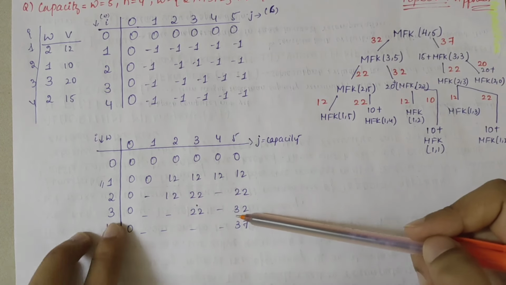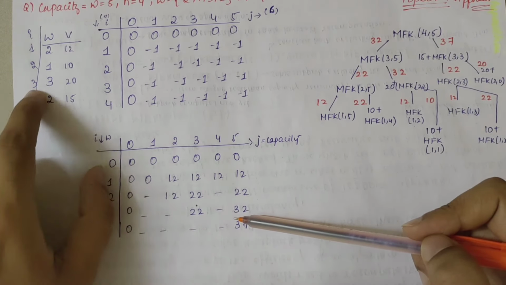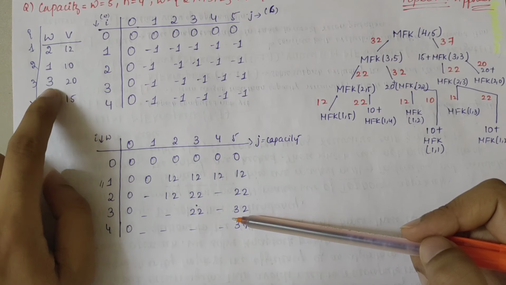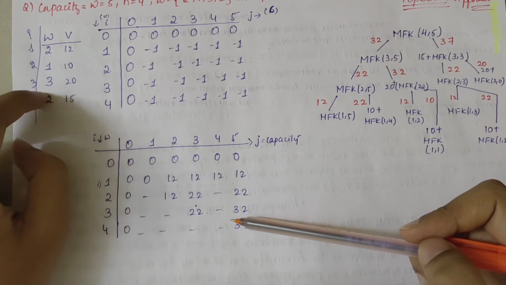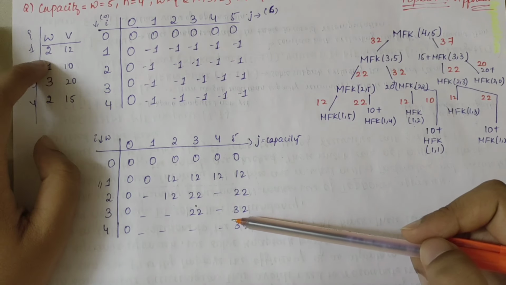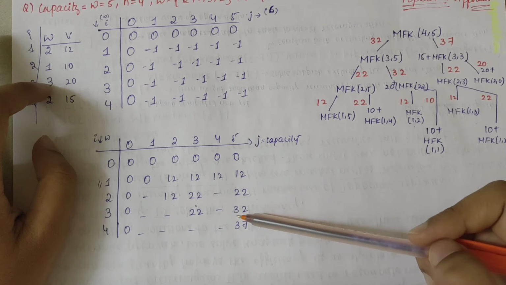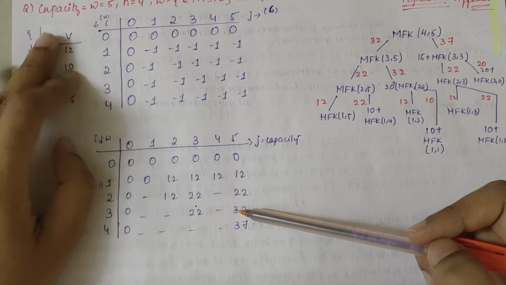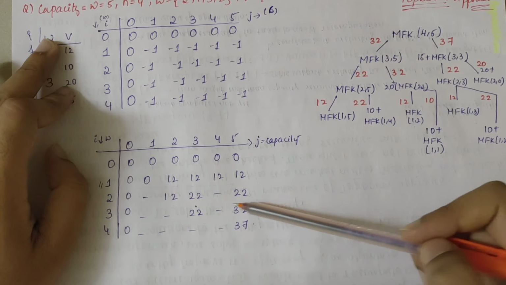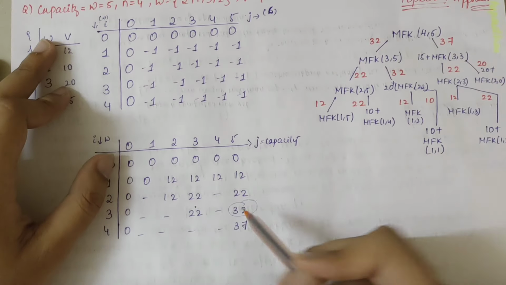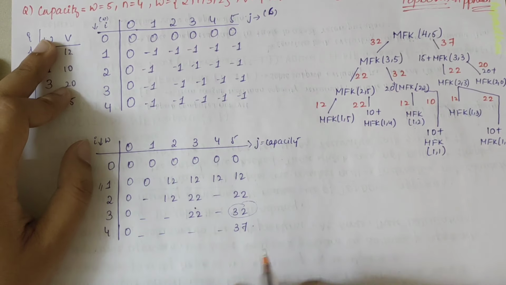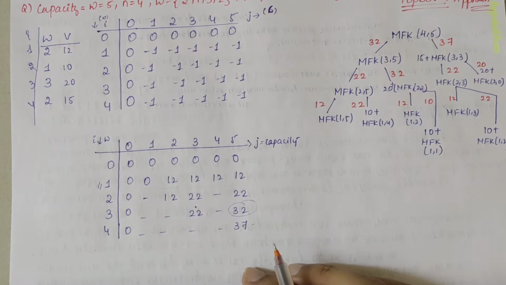And here 32, because for capacity 3, item 3 has a weight of 3, and I can compute 3 plus 2. If I compute 3 plus 2, it is 20 plus 12, that is 32. So this is required, because I am obtaining the maximum value, right? So I'll include it here.